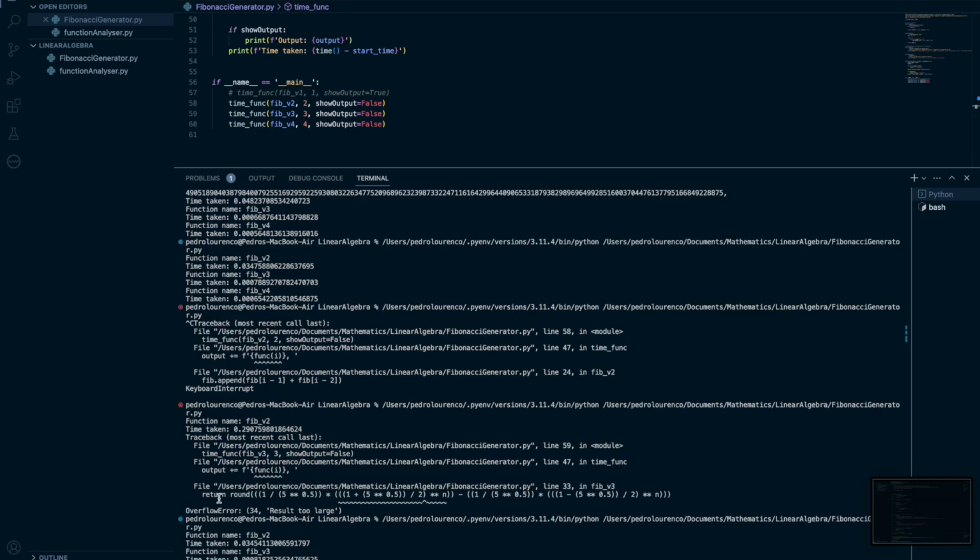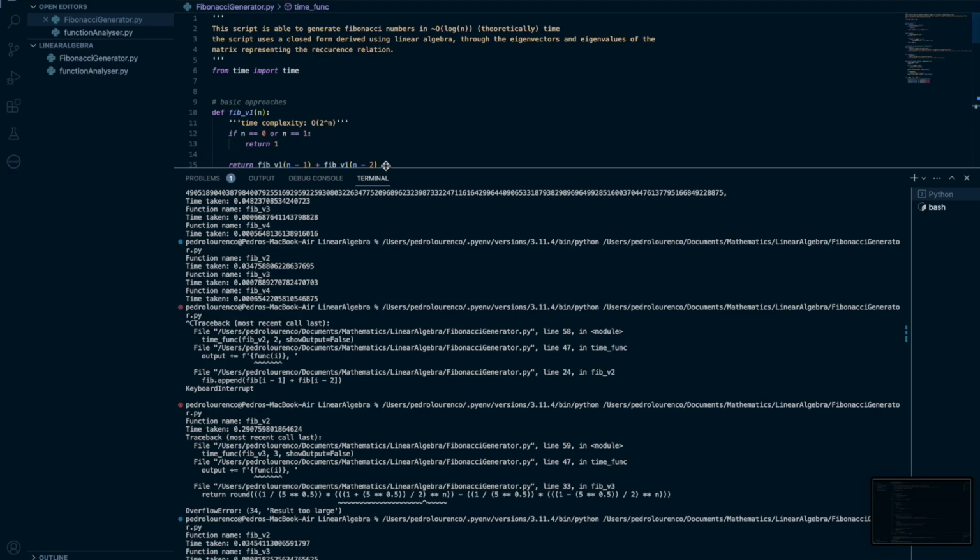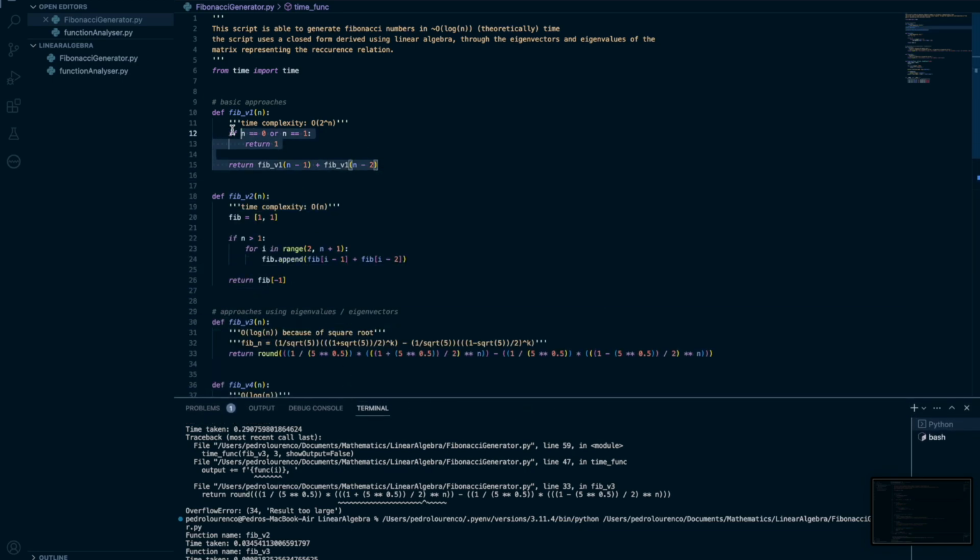Okay, so we can see we started with the naive recursive approach, which is very elegant in code, very intuitive to implement, but very slow, as we saw. Then we used lists, which I think is quite a cheat. It's not very elegant, but it's much faster than the first one.